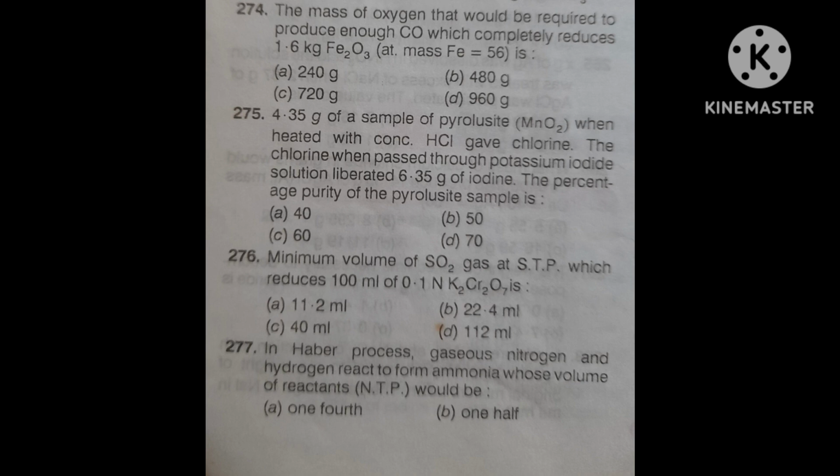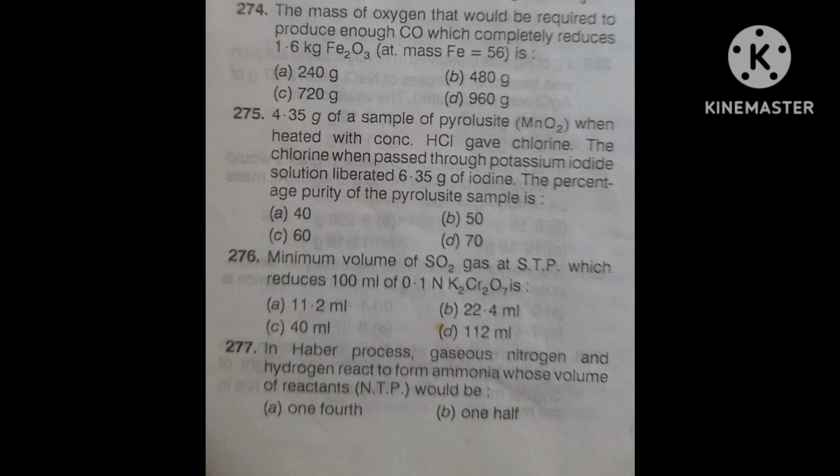Now according to the balanced final equation, 294 kg gives 3 mole of SO2, meaning 3 into 22,400 ml SO2. Then for 0.49 gram potassium dichromate you get 3 into 22,400 divided by 294 into 0.49.